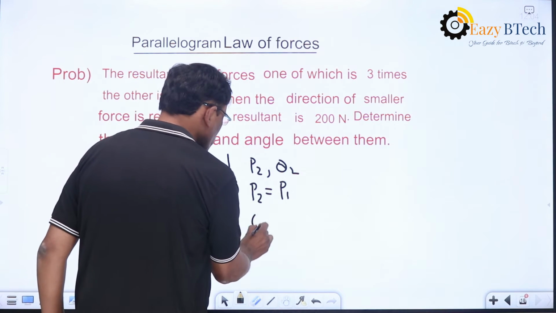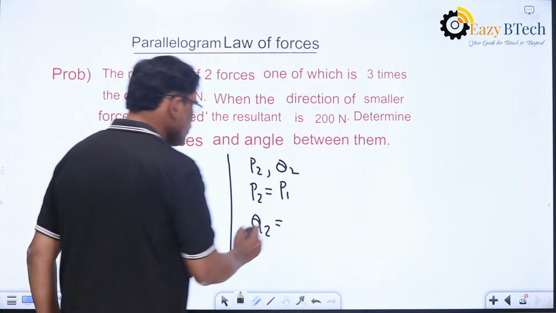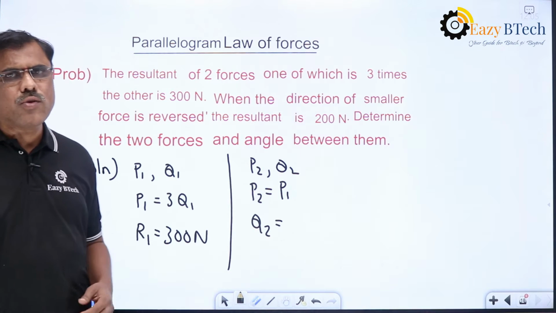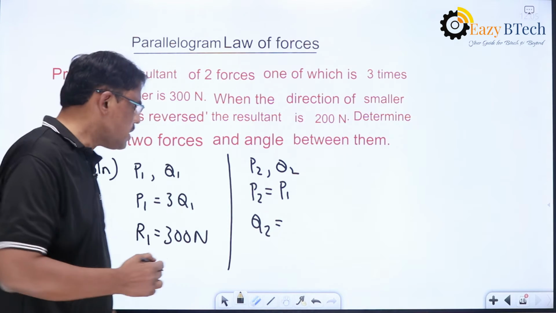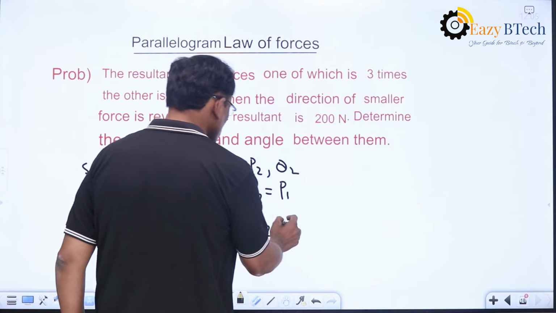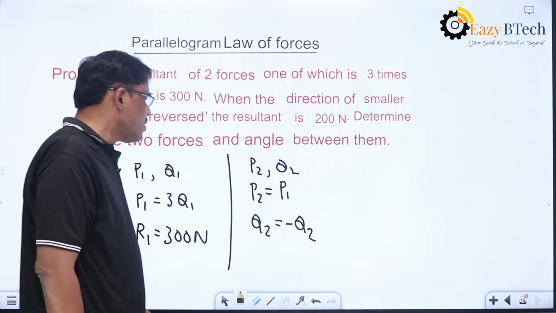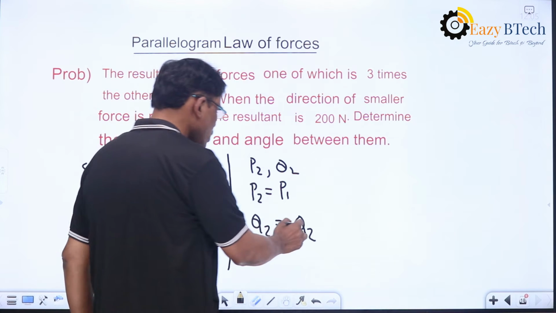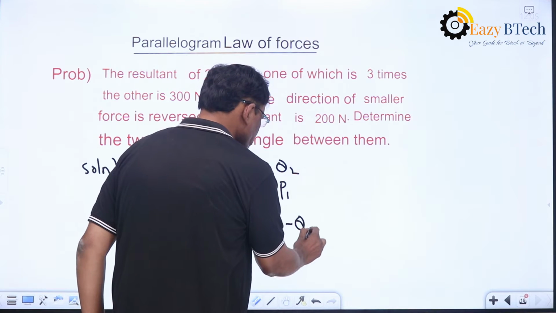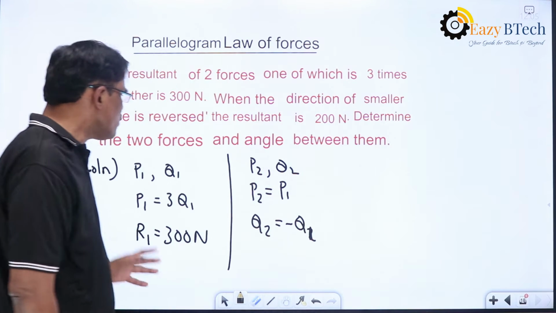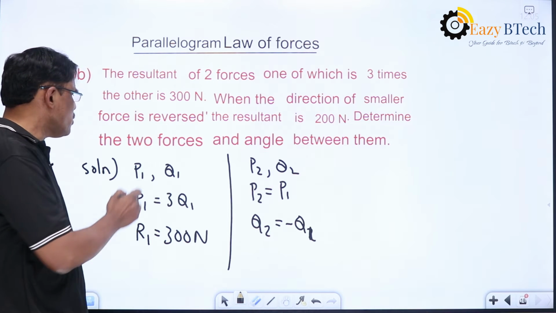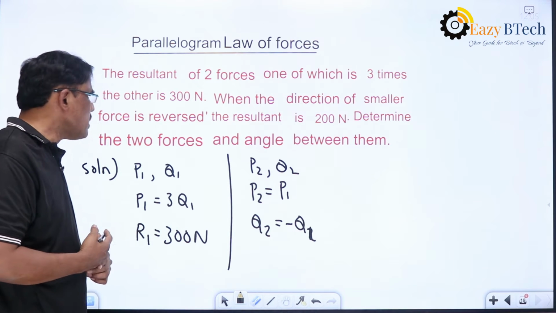But when it comes to Q2, the direction of the force is changed. That means Q2 becomes minus Q1. So this is the only change. This is case 1 and this one is case 2.